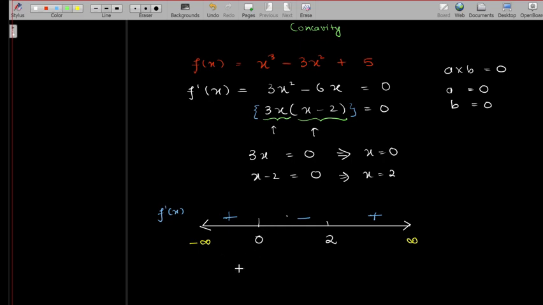So the shape of the graph will look like this. And what about 2? That's a minima, so the shape of the graph will kind of look like this. So that means 2 is a point of local minima and 0 is a local maxima.